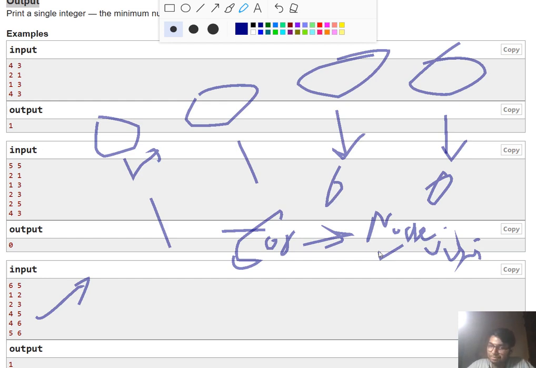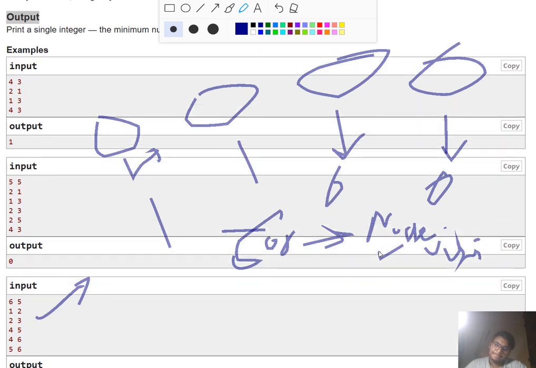But this node is a new one, so it will definitely belong to a new component. I think I won't need it.